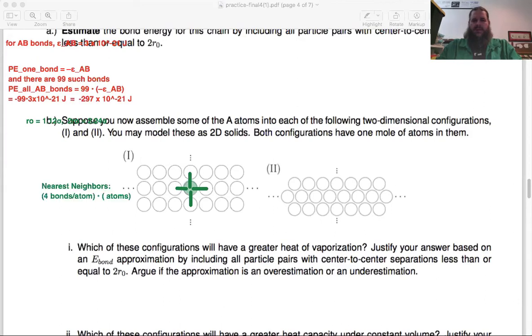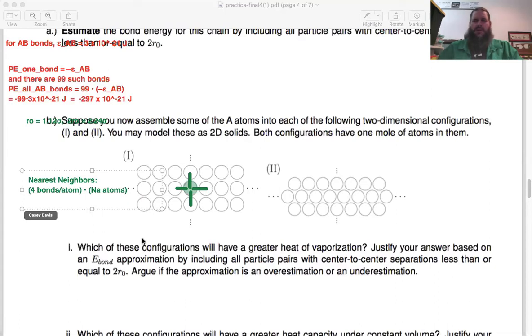How many atoms are there in this entire cluster? Yeah, we're talking about a mole, so that's going to be Avogadro's number of atoms. So 4 times Avogadro's number. And does this approach double count?